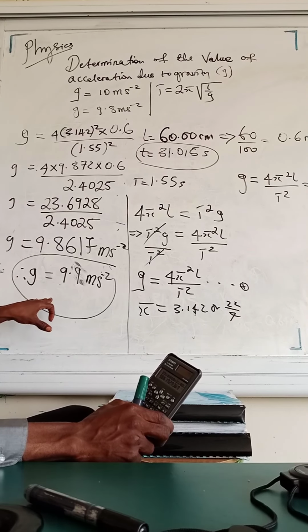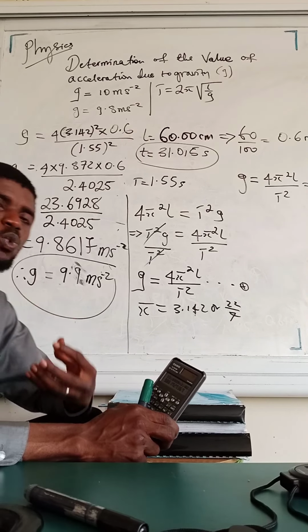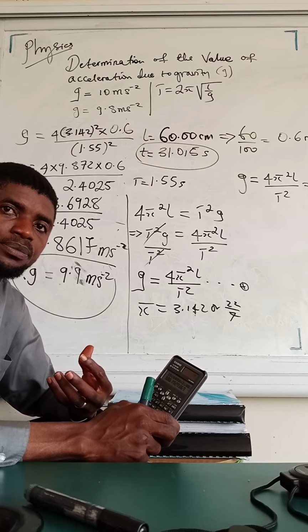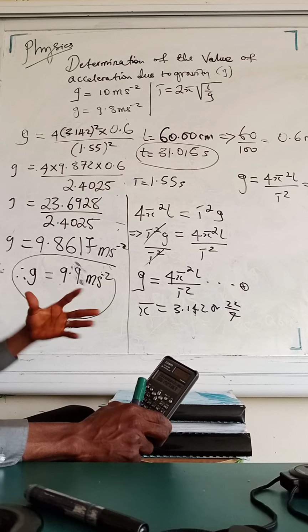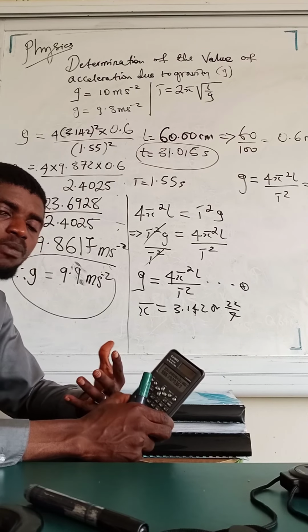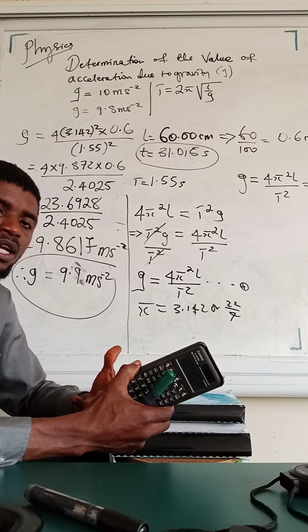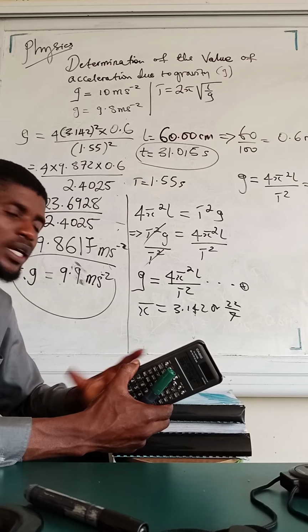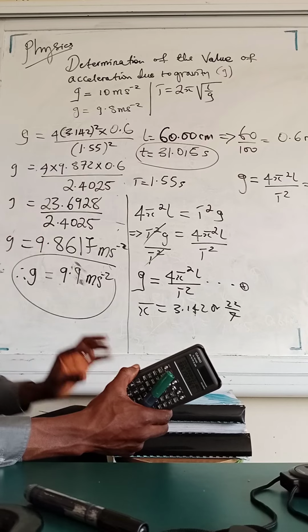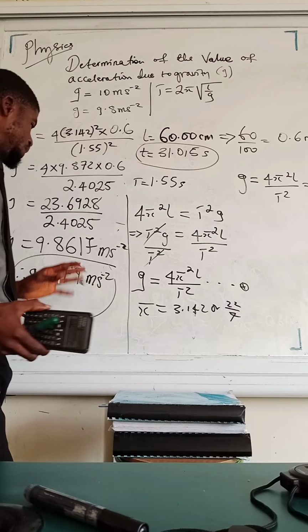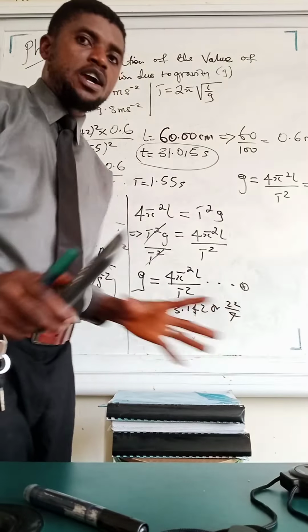At the end of the day, there's what we call accuracy. If the examiners discover that there is too much variation between what the student has gotten and what the teacher has gotten, the examiners may decide to mark that center down. So please, this value is peculiar for a particular environment.